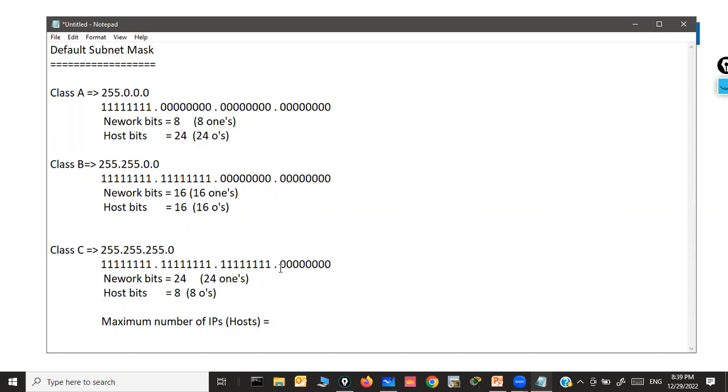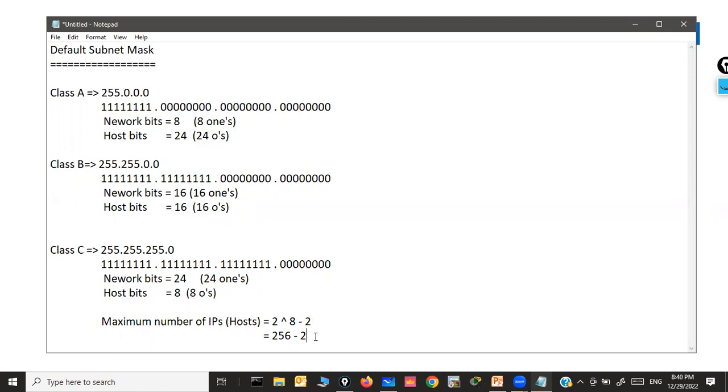And why 254? Because in total there are 8 bits in binary to represent the host portion, so the total number is 2 raised to the power 8, which means 256. But out of 256, 2 IPs are reserved, and that is why we subtract 2.